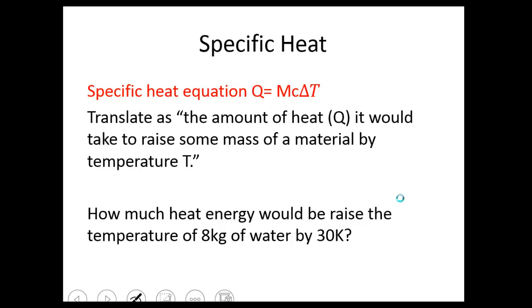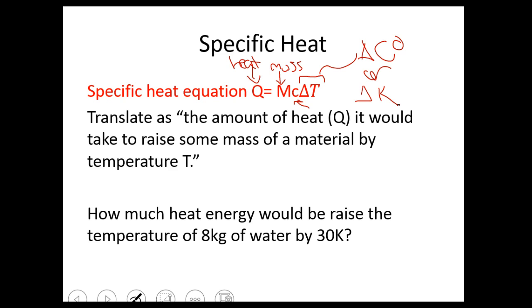All right, so the specific heat equation: the heat that is necessary to heat some mass of a substance, and then you'll use the specific heat of that substance by some temperature difference, so delta C or delta K. Either one works.